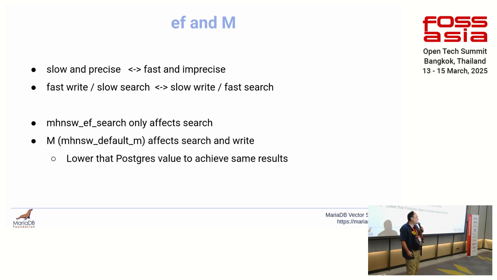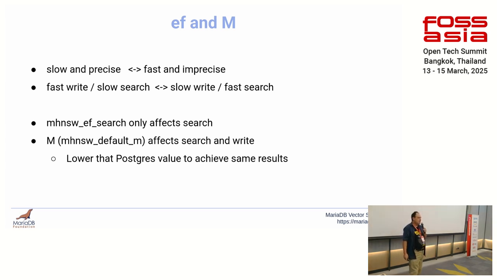As far as the parameters go, the EF search only affects the search, as far as how deep we go, and the default M affects the index build as well. So with these two parameters, we've got good control over the trade-offs between precision, speed, and the consequent building speed associated with that.